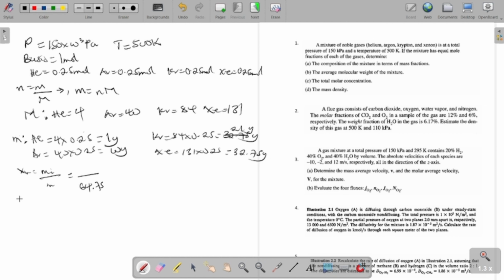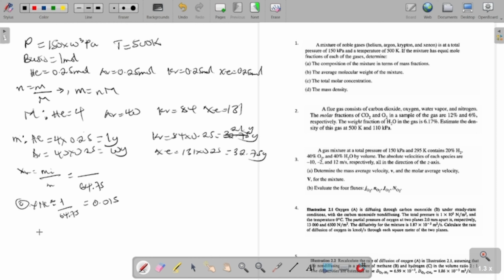So taking that into account, the mass fraction of helium would be 1 divided by 64.75 grams, which gives me a fraction of 0.015.